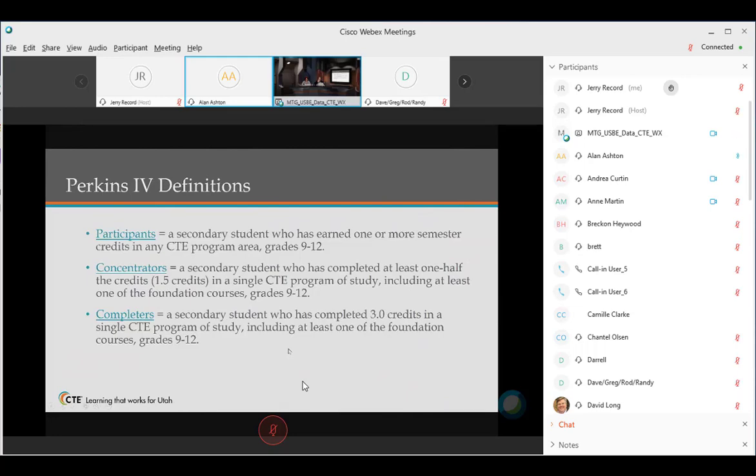Just to remind you, these are the Perkins 4 definitions. Talia argued in favor of keeping it as we have it, in that 1.5 credits would be 3 courses, and 3 is greater than 2. But they didn't like that.